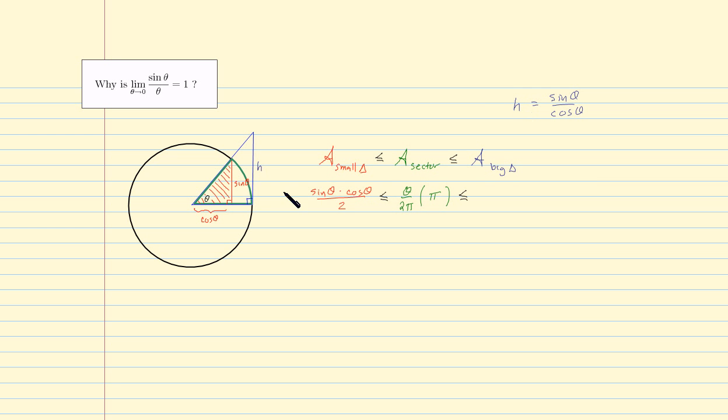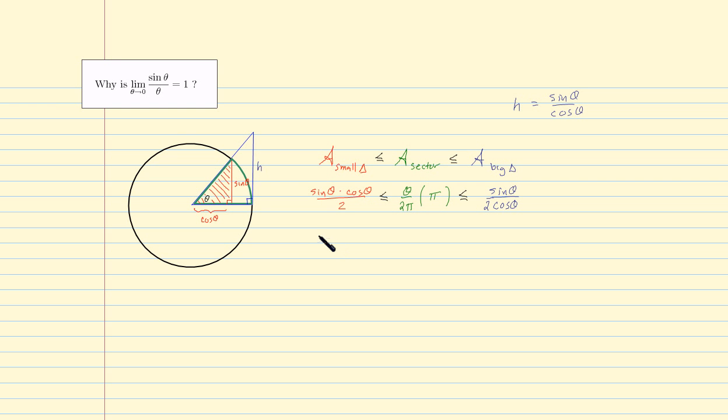Okay, so that's my height. My base, of course, is 1. Just multiply those two and divide by 2, and it looks like the thing that should go here is sine theta over cosine theta, and all of that divided by 2. Of course, I'm going to accomplish the same thing just by putting a 2 in the denominator right there.